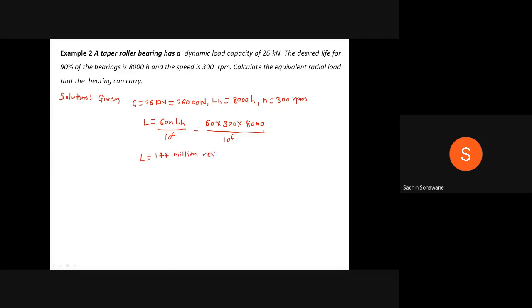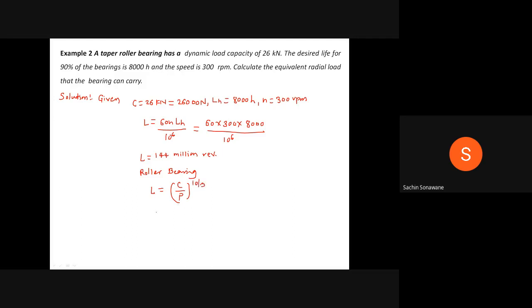Now again, this is which type of bearing? Roller bearing. Therefore, write down roller bearing. If it is a roller bearing, what is the relation between life in million revolutions, C and P? That is, L is equal to (C divided by P) raised to 10 by 3.